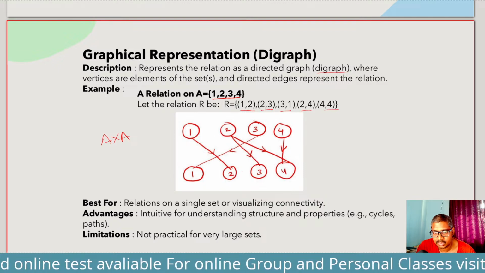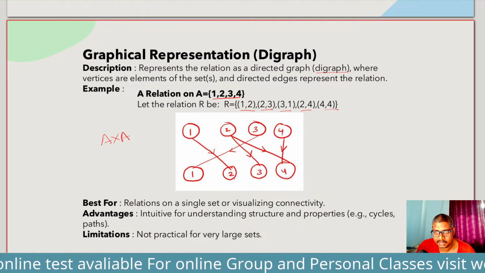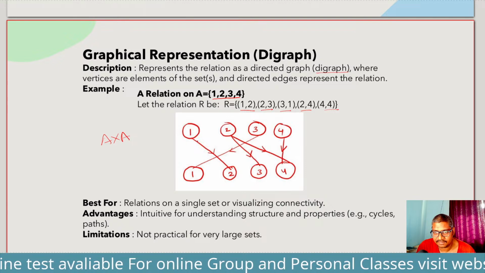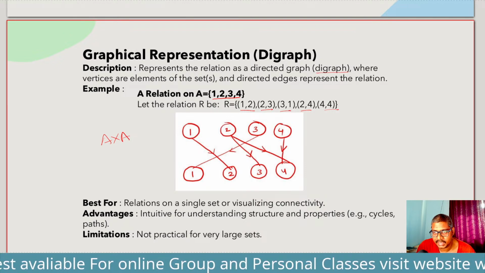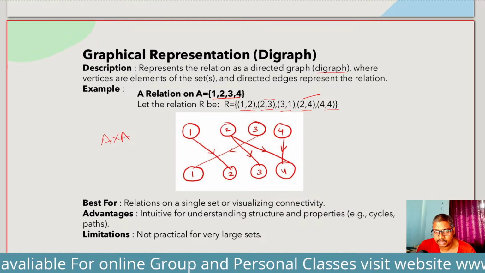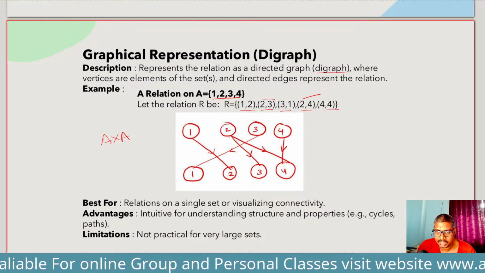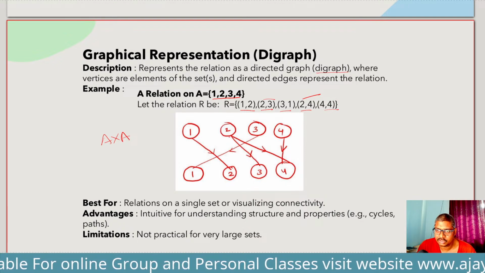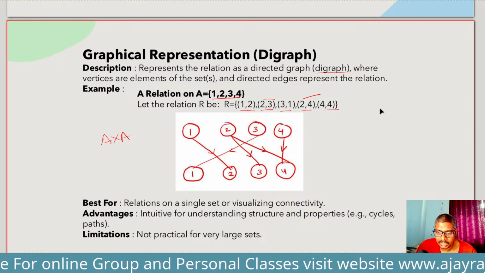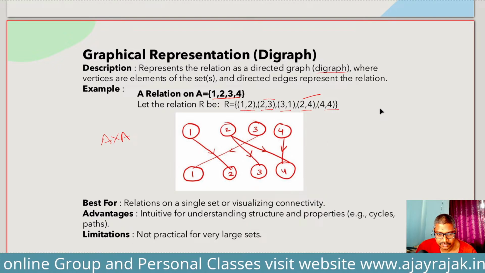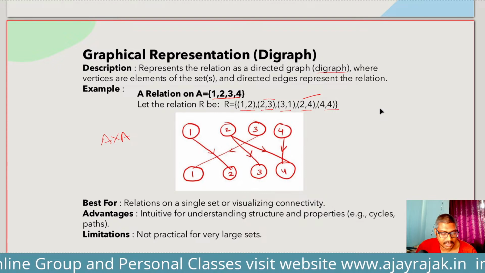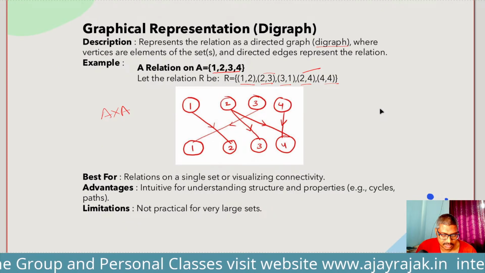So 1 is related to 2. So we will direct the graph from 1 to 2. We will direct the graph from 2 to 3. We will direct the graph from 2 to 4. So all these relations are represented in a directed graph. So it is called a digraph. It visualizes connectivity, and definitely it's intuitive. Limitations: not practical for very large sets.